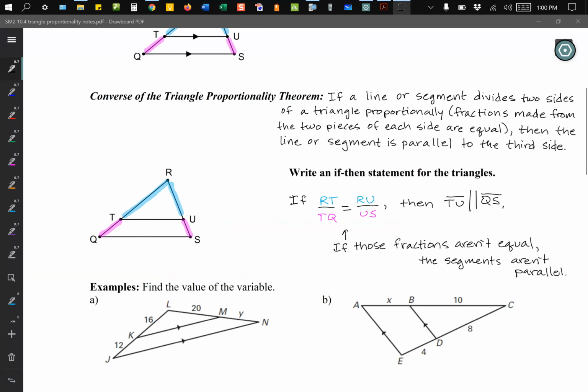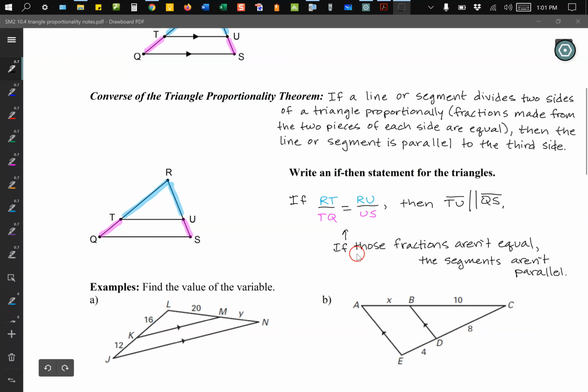So the converse says that if you have a line or a segment and it does divide the two sides of a triangle proportionally, so here, if we know that RT divided by TQ is the same as RU divided by US, so those two fractions made from the two pieces of each side simplify to the same thing, then we know that this segment TU is parallel to this segment QS.